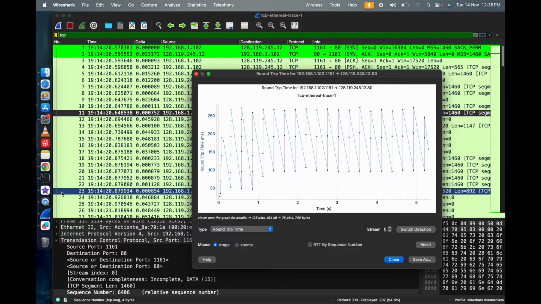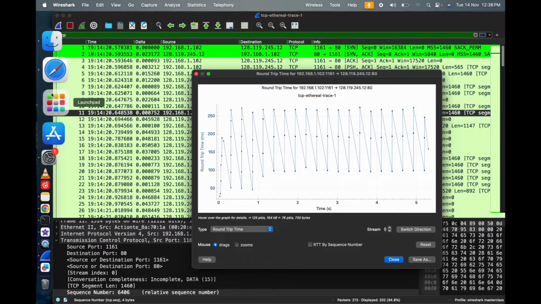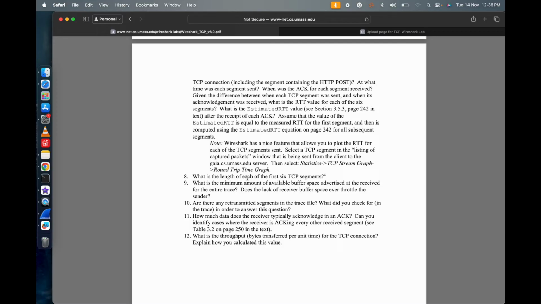This is the graph you get for this particular question, I mean for this Ethereal trace. Next question: what is the length of each of the first six segments?